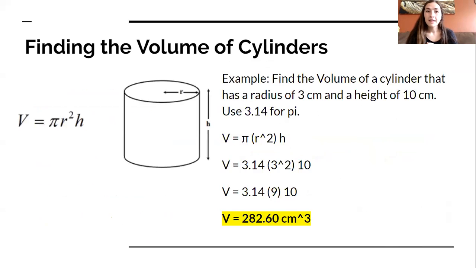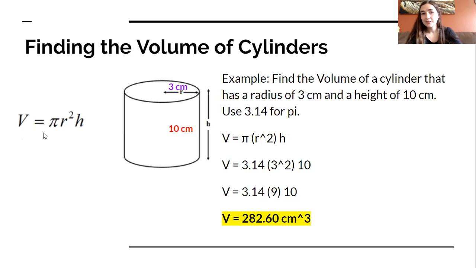Okay, we're going to first start out by finding the volume of cylinders. In our example here, we have a cylinder, and we're going to find the volume of this cylinder that has a radius of 3 centimeters and a height of 10 centimeters. We're going to use 3.14 for pi.